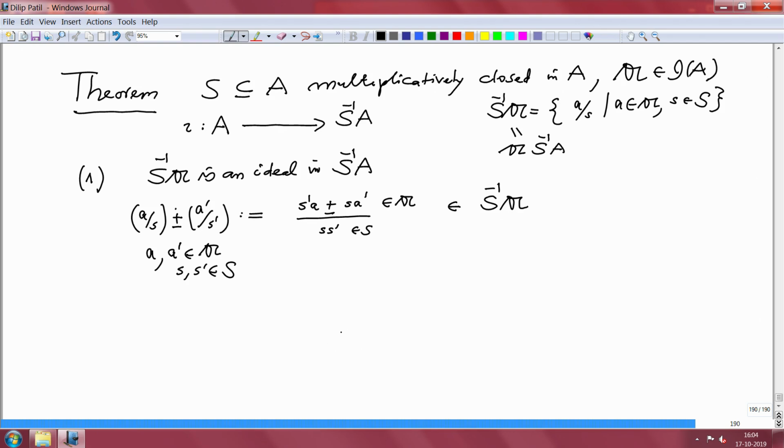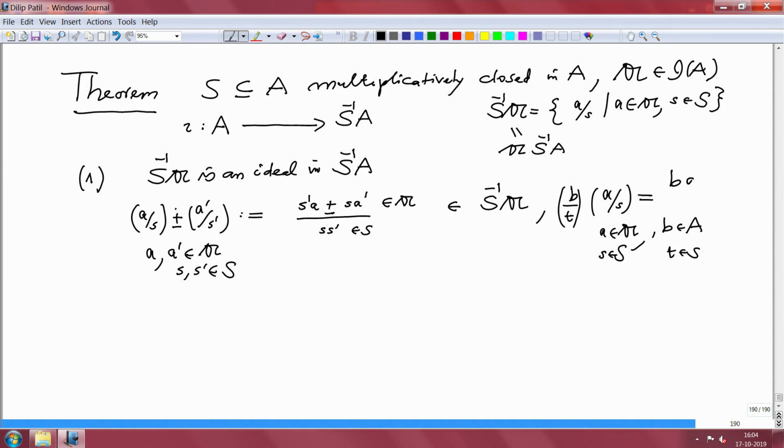So, that means we have checked that it is a subgroup. For scalar multiplication, if you have any element A by S, A is in the Gothic A, S is in S, and you multiply by an arbitrary element of the ring, that is B by T, where B is in A and T is in S. And what does the multiplication say?